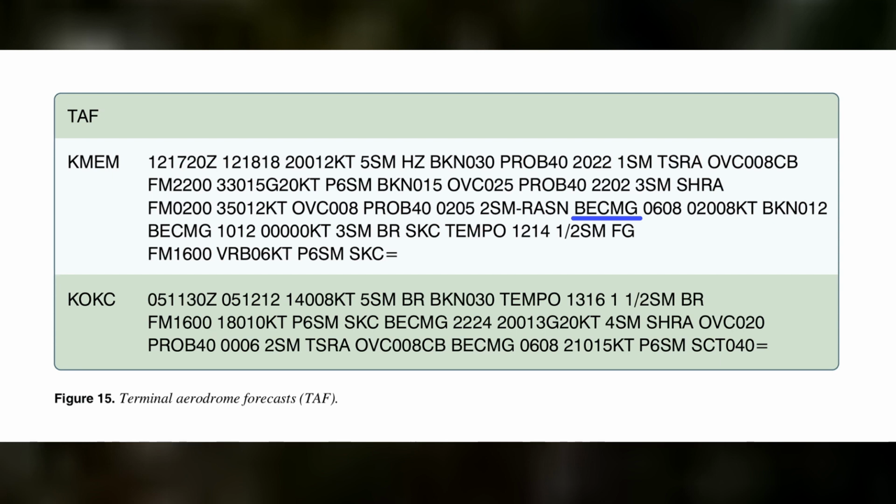So they're going to say that the weather will change to what they're stating in the next line at a specific time. If you see TEMPO, that means temporary. So temporarily the weather will change to the next piece at a specific time. And then when you see the equal sign, that means you've run to the end of the TAF for that particular forecast.